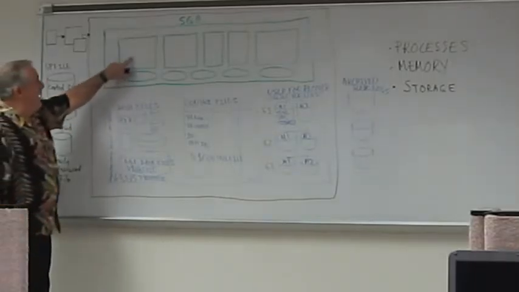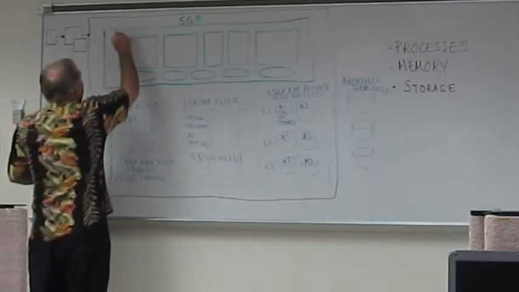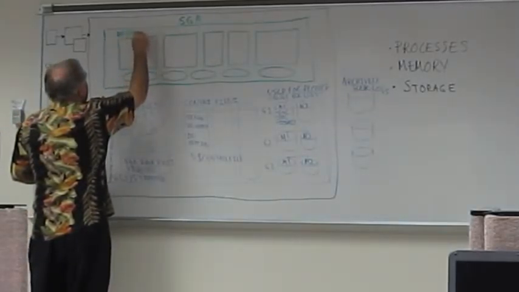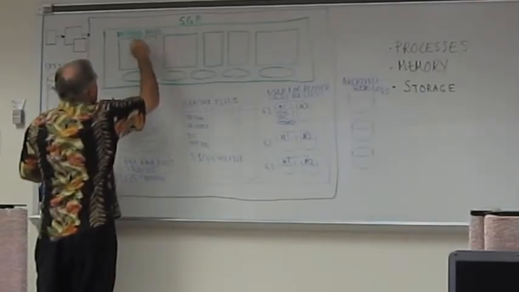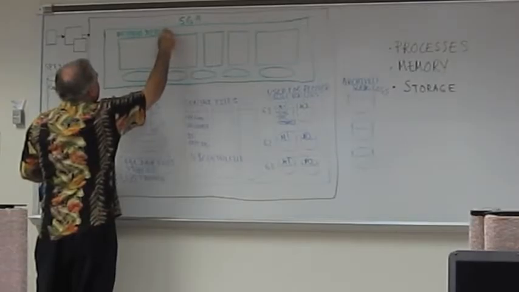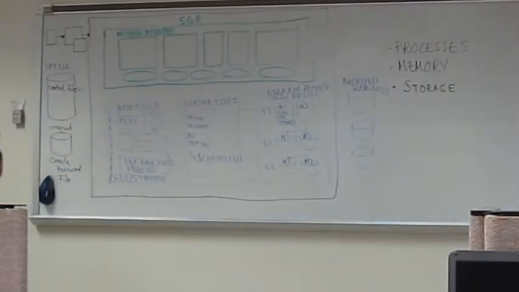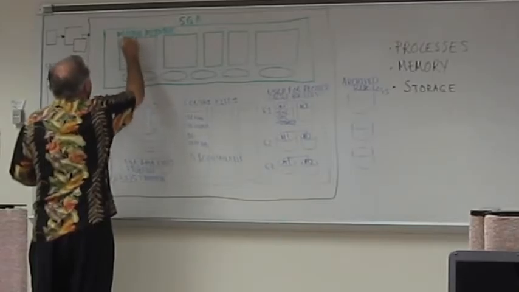Every database will have this section of memory right here, and this is referred to as the database buffer cache. When I first learned Oracle, we used to always call it the database buffer pool, but now they're calling it the database buffer cache. And I'm going to split this up.